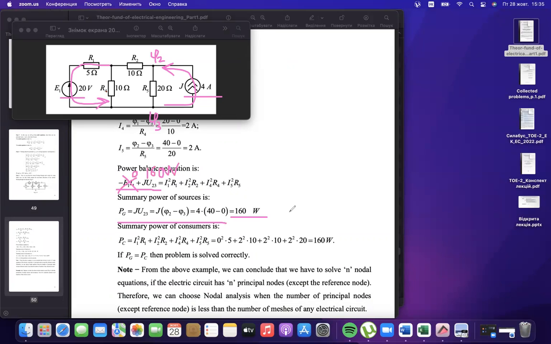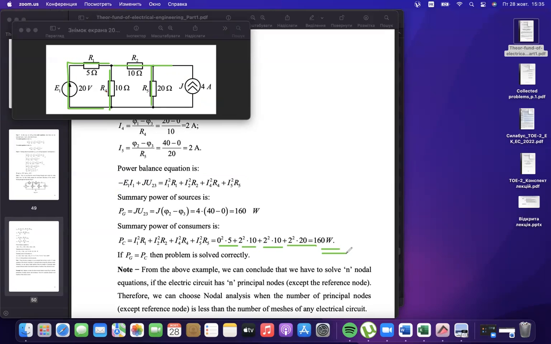Then for the consumers, it is the square of current on the resistance. First current 0 in square on 5, 2 amperes in square on 10, twice, and 2 amperes in square on 20.